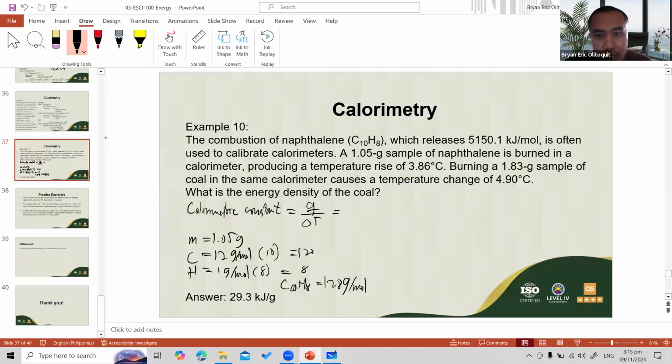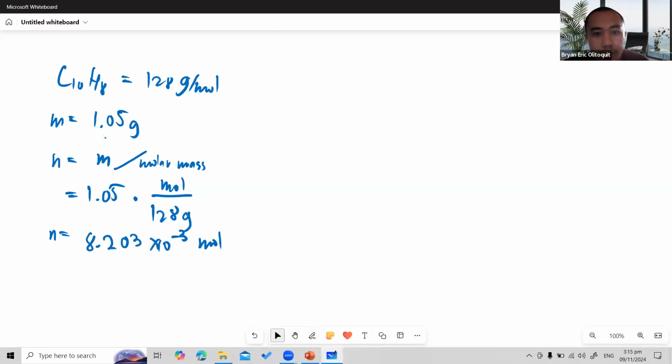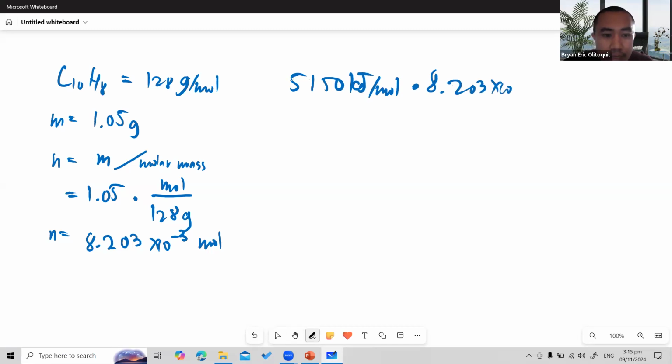So, going back, the heat released by naphthalene: if you have a specific heat of 5150 kilojoules per mole, we just multiply this by 8.203 times 10 raised to negative 3 moles, and you can already determine Q. So the heat generated by this naphthalene, multiply by 5150, is equivalent to 42.25 kilojoules.